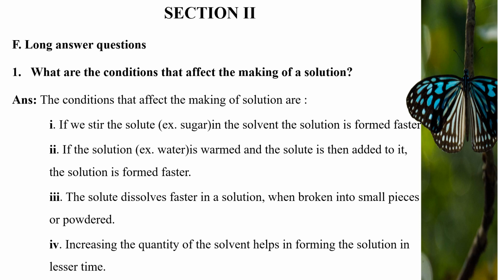Second, if the solvent, for example water, is warmed and the solute is then added to it, the solution is formed faster. Third, the solute dissolves faster in the solvent when broken into small pieces or powder. Fourth, increasing the quantity of the solvent helps in forming the solution in lesser time.